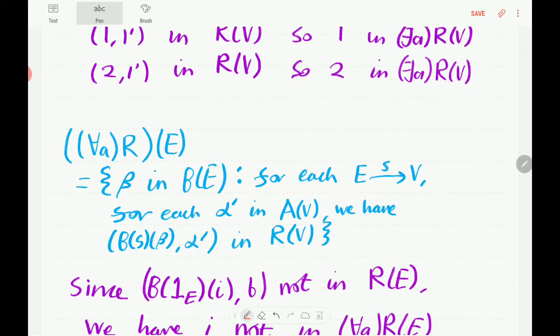We have that the set of E figures of for all AR is going to be the set of E figures beta of B, which is such that for any arrow S which goes out of capital E, so say for any arrow S from E to V, for any V, and also for any alpha dash in A of V, we have to have that the result of doing this S action on beta is going to be in this R relation with alpha dash.